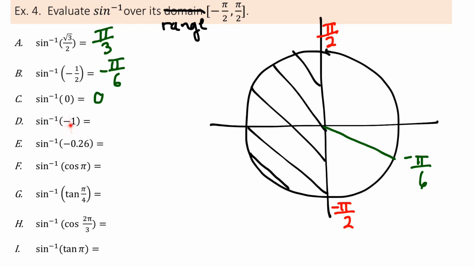So we want to figure out where the sine is negative 1. Well, the sine is negative 1 down here at negative pi over 2. So I'm not going to call it 3 pi over 2. I'm going to call it negative pi over 2, because I have to be within this range, negative pi over 2 to pi over 2, because that way inverse sine is one to one.